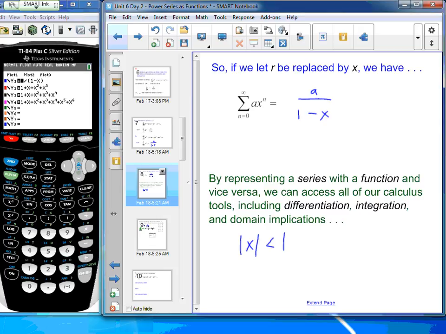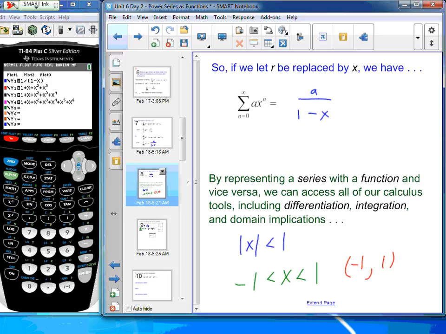And we know back from algebra that we can get rid of absolute value bars by setting this into a compound inequality. That means that x must be between -1 and 1. So in interval notation, my interval of convergence is negative 1 to 1 for this parent function where r is replaced with x straight up.